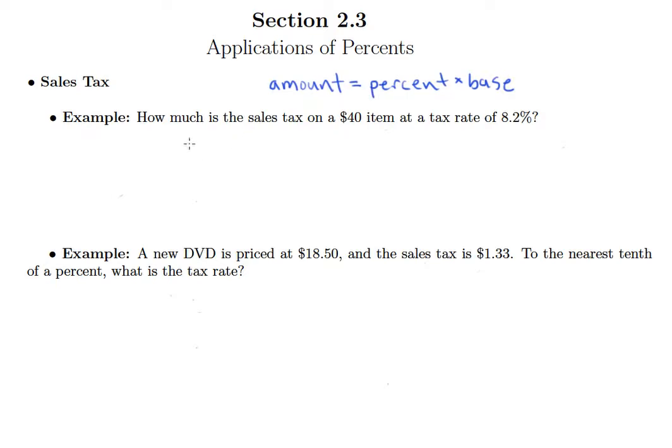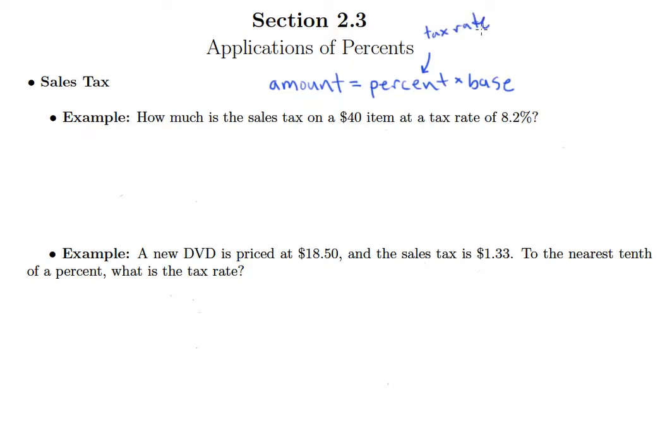So the first example says, how much is the sales tax on a $40 item at a tax rate of 8.2%? Of course in the case of taxes, the percent is always our tax rate.